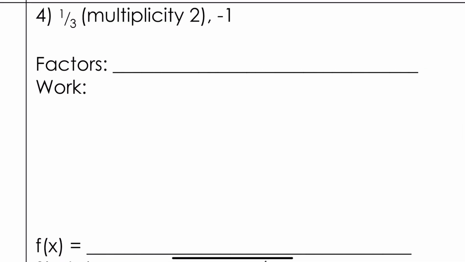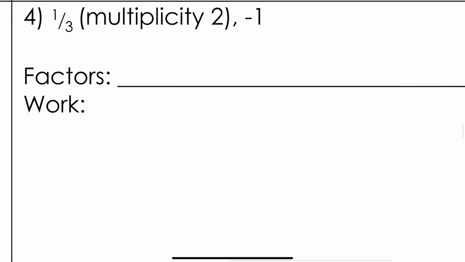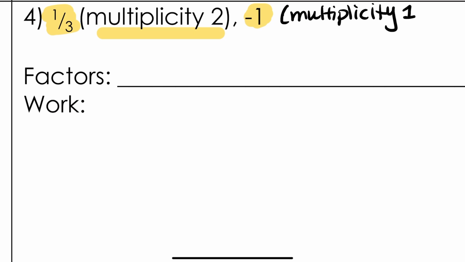All right. We're given zeros, -3 with a multiplicity of 2, and the other 0 is -1. And like I said before, if the multiplicity is not given, then that multiplicity is 1. Okay, so let's write this out.